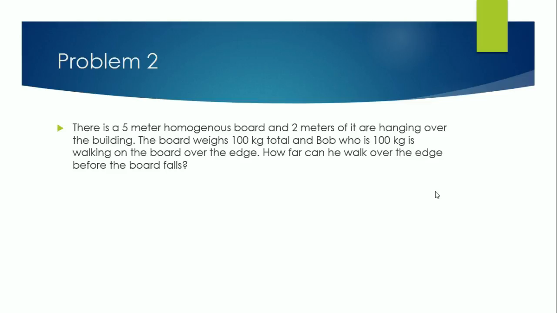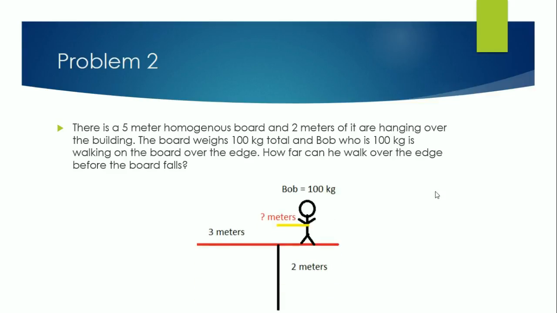How far can he walk over the edge before the board falls? An important thing is that homogeneous just means that the board is similar throughout, pretty much the same throughout. So that means it's an ideal board where every single piece of the board weighs the same.